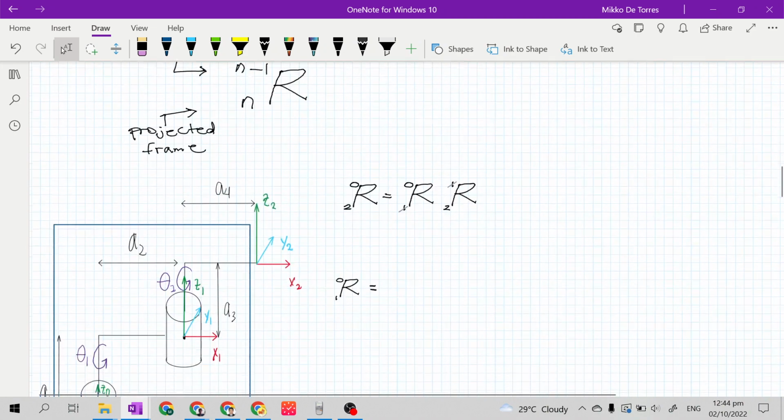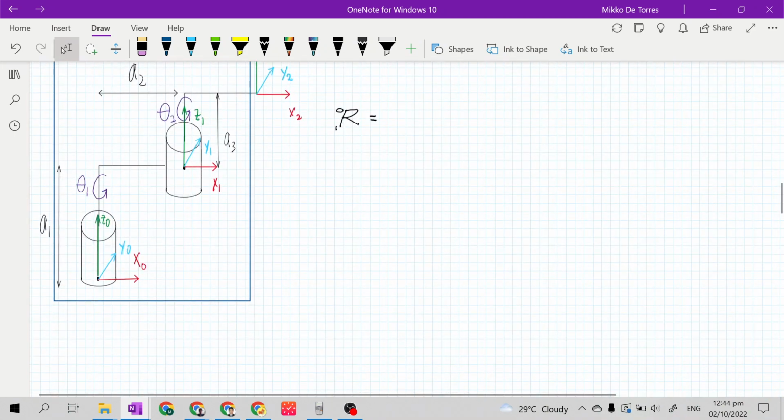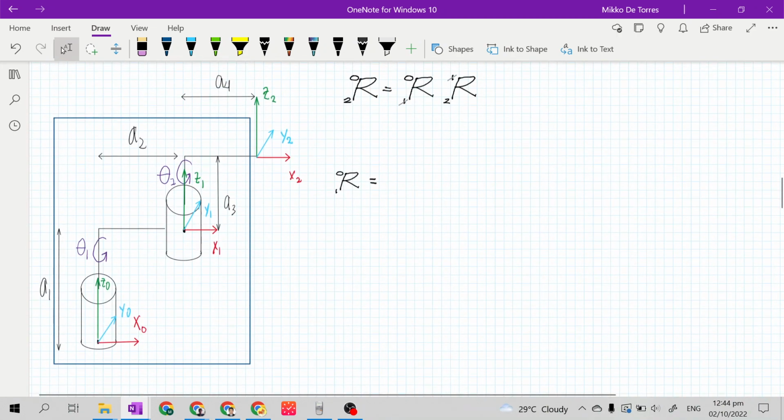But now they are separated, so we will do a bit different method. We will look at where theta 1 is indicated.